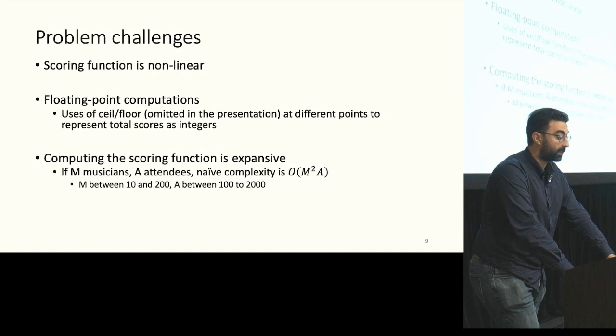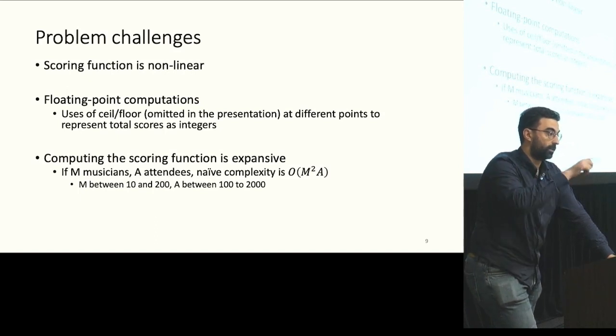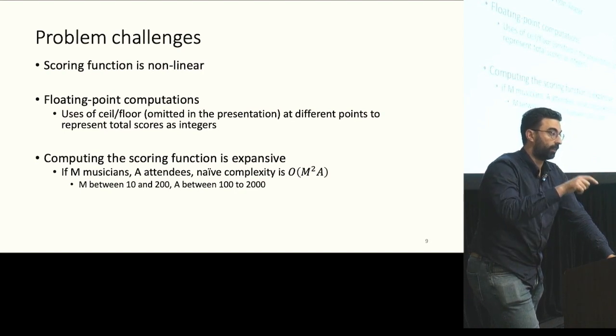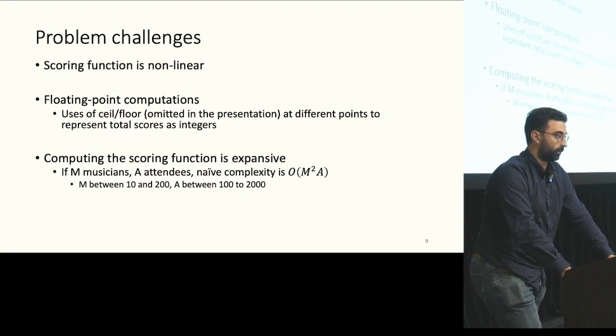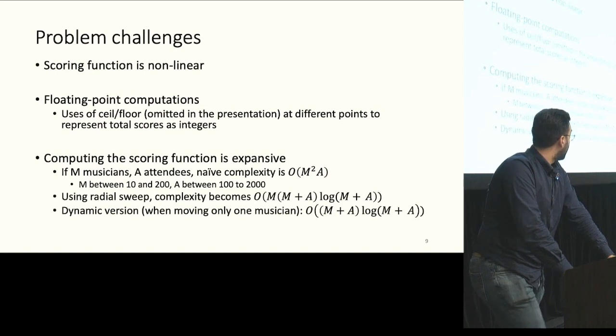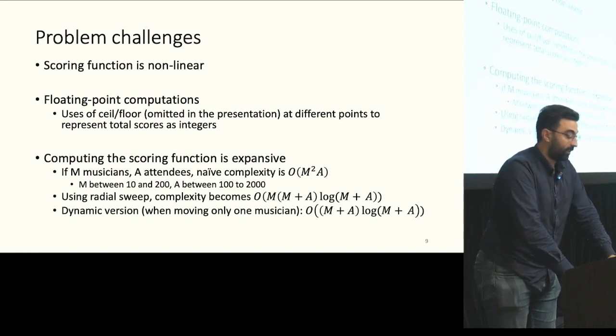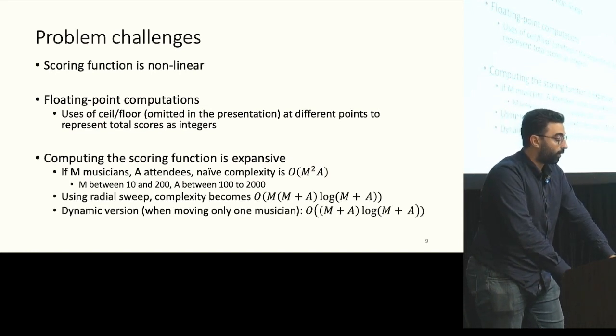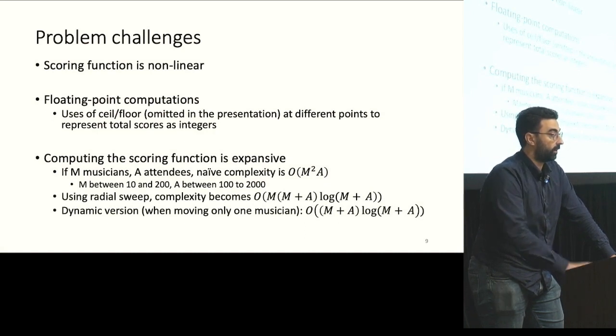So in terms of complexity, if you have m musicians and a attendees, the naive complexity for computing the scoring function was around m squared times a, because you have to consider each pair of musician and attendee, and then for each musician, check if another musician is blocking the sound coming from this musician. And so, as some contestants realized, you can actually do something slightly more effective with a radial sweep, which gives you a better complexity and also allows you to iterate faster on the different solutions you're proposing.